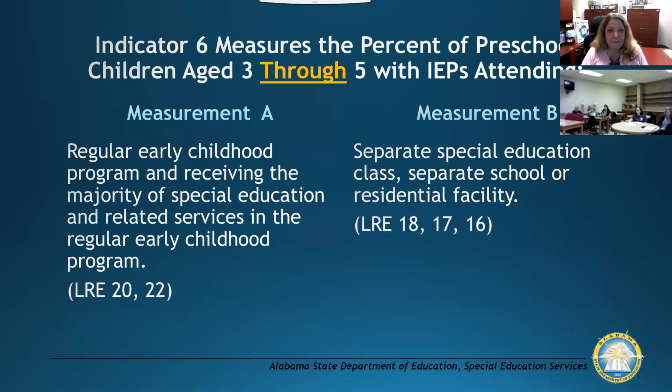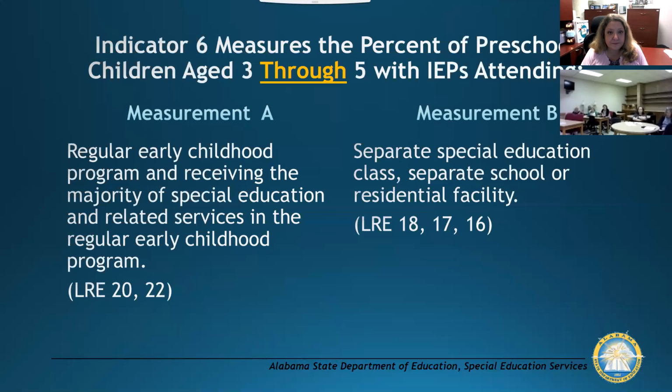So that means we're serving 9% of our preschoolers in a 20 and 22 LRE code, and they expect it to be 50%. So there's a significant gap in how we're serving preschoolers and where we are supposed to be according to our state goal. And that's why we're getting our training today.